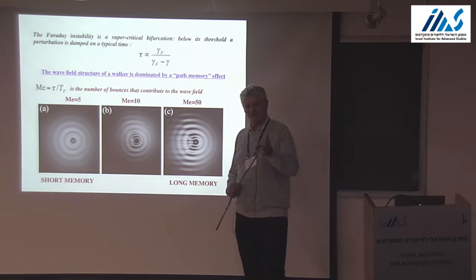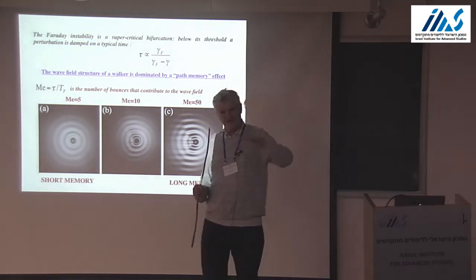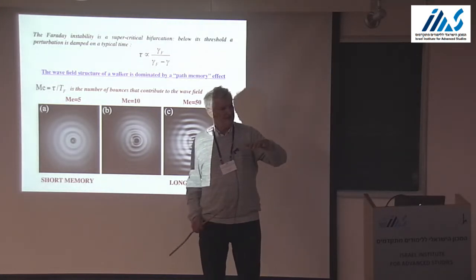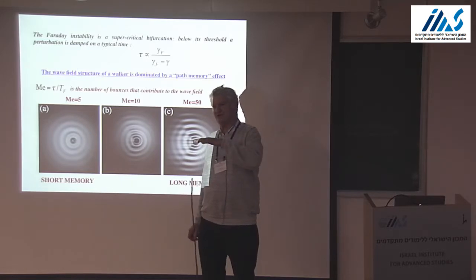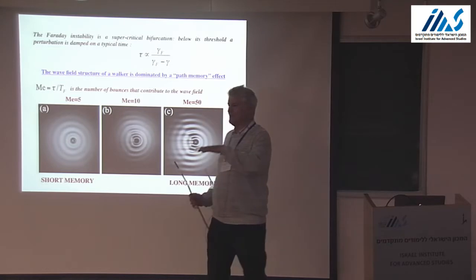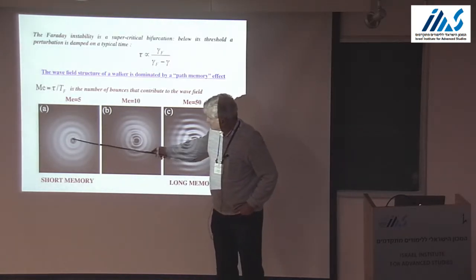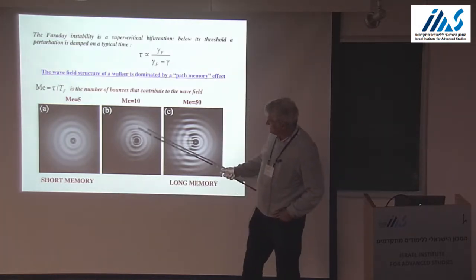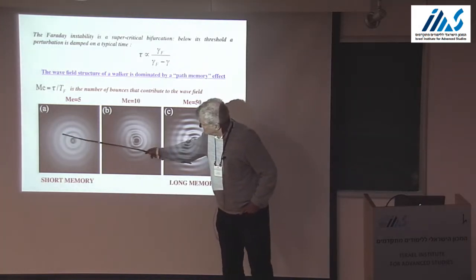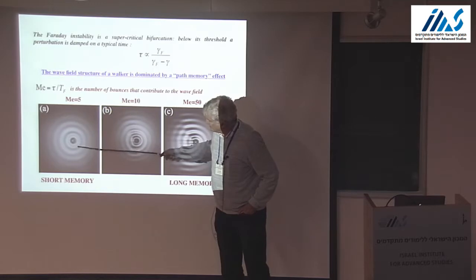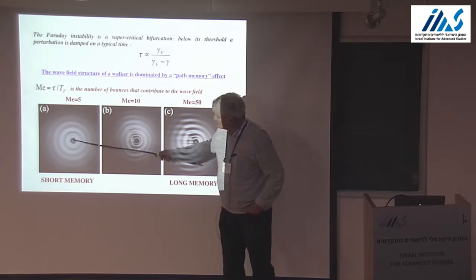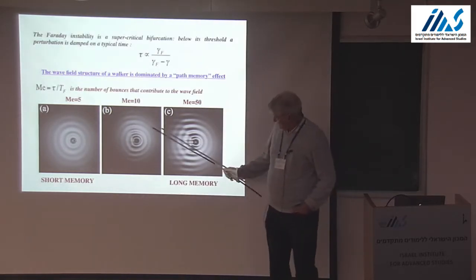If you are far below the Faraday instability threshold, in that case, the waves are strongly damped. Therefore, only a few waves survive, the most recent that have been emitted, and you are in a situation like this, which I will call a low memory situation, where the wave field is quite simple, being only created by the last few collisions with the bath.